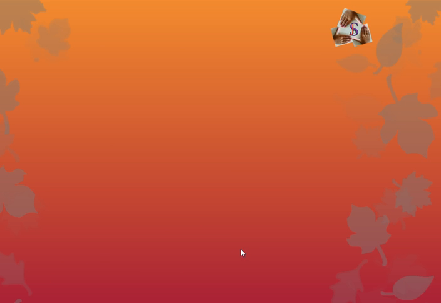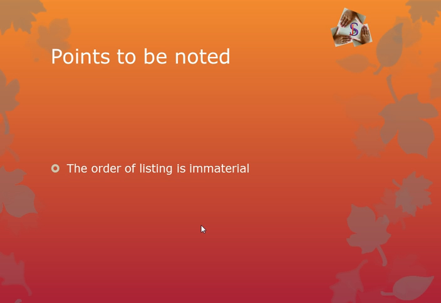Now, let us try to understand what are the points that we need to keep in mind while listing them in tabular form. The order of listing is immaterial. So we can list out the elements as 0, 2, 4, 6, or we can even change the order 2, 4, 0, 6.